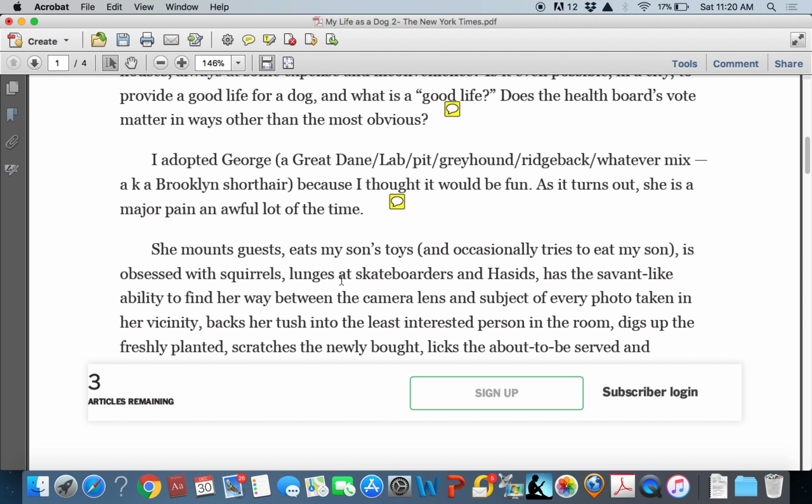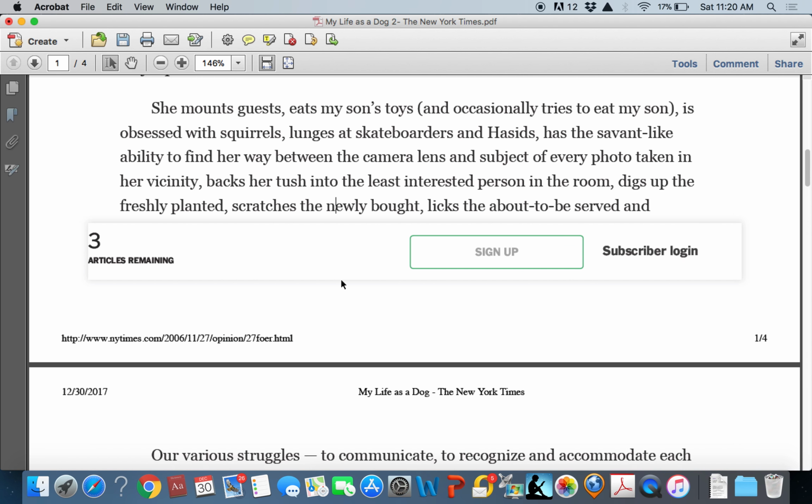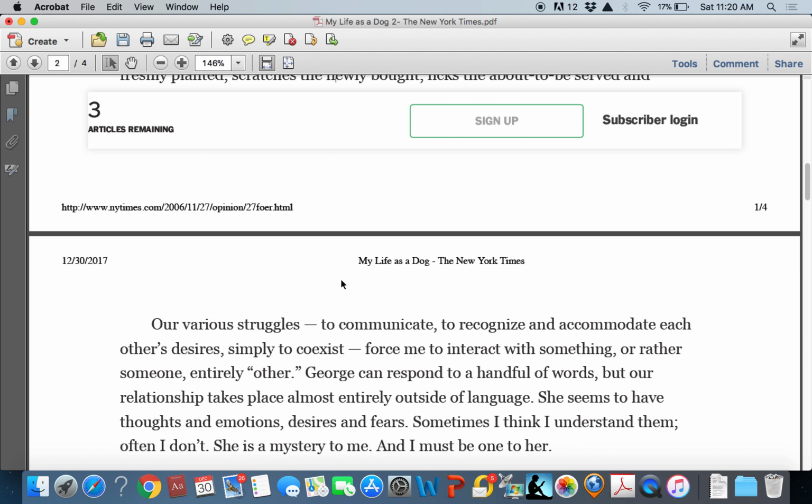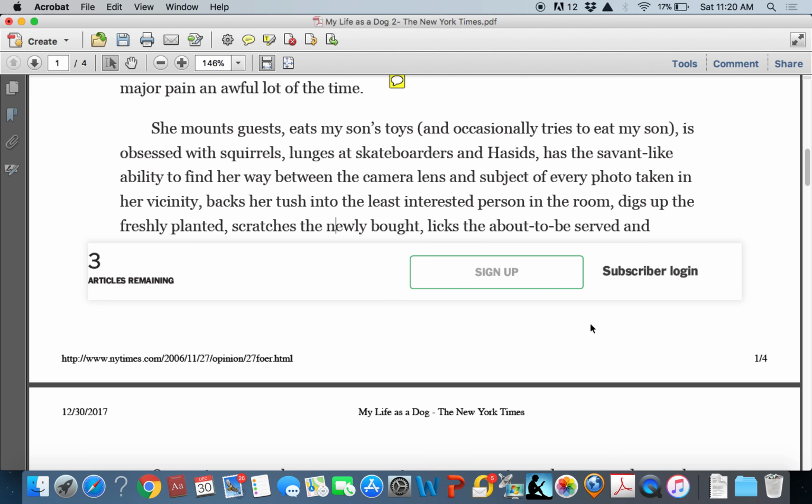She mounts guests, eats my son's toys, and occasionally tries to eat my son, is obsessed with squirrels, lunges at skateboards and hasids, has the savant-like ability to find her way between the camera lens and subject of every photo taken in her vicinity, backs her tush into the least interested person in the room, digs up the freshly planted, scratches the newly bought, licks the about to be served, and... oh, what happened?